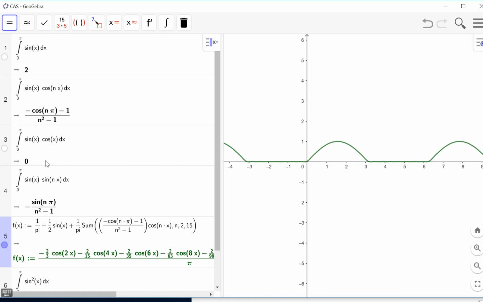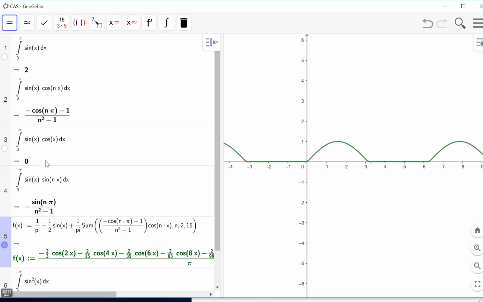And look how nice that function came out, by the way. Why did you change the 1 back into 1? I just added 1/2 sine x. I just stuck it in between the two. Why did I add that in? This formula does not work when n is 1, right?